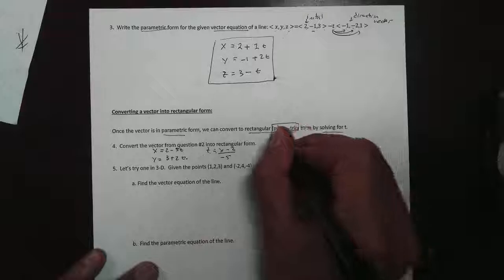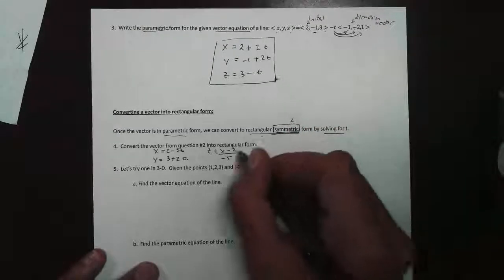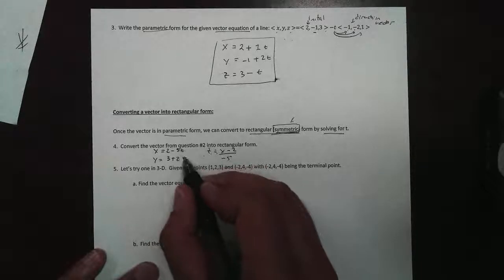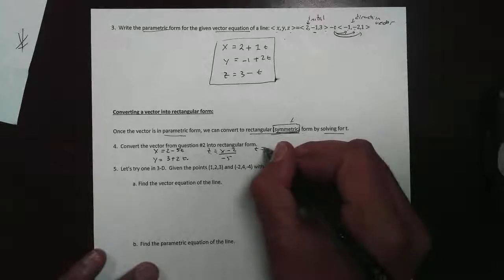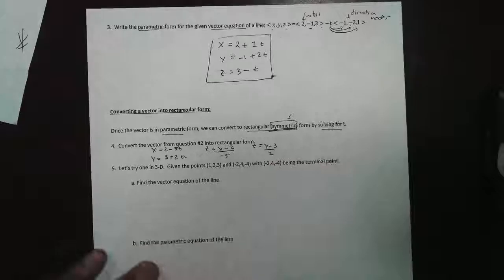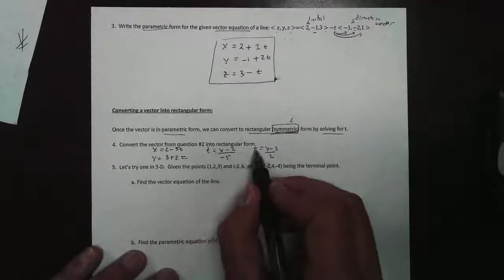So we call this symmetric form because we're going to be looking more for symmetry and things like that. So what I can do here is, instead of plugging it in, I can solve for t in my second equation as well. And if I solve for t here, we get y minus 3 over 2. And so much easier now. Well, this is t and this is t.